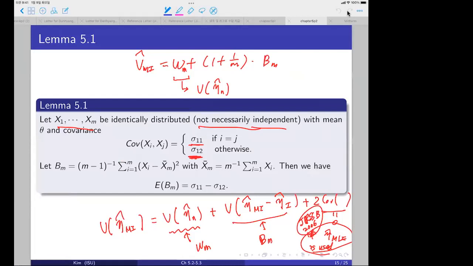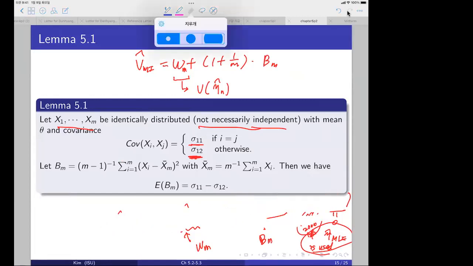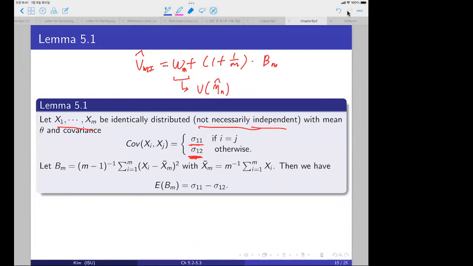Yeah, actually, there's a typo. This should be n. So let me write it more clearly. The variance of eta hat mi, which, you're right, doesn't have to be, m can be equal to 1.